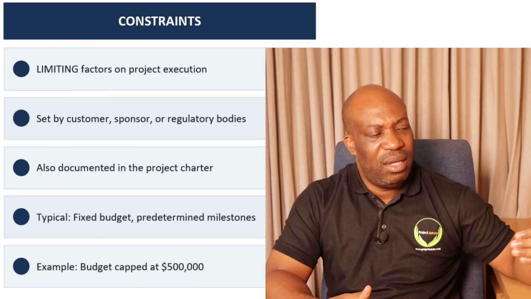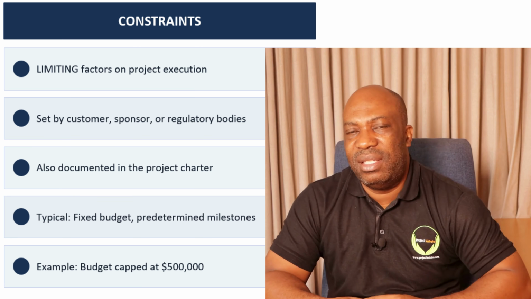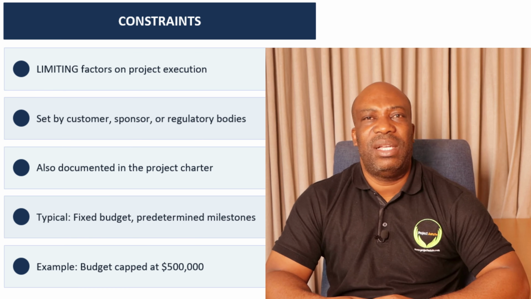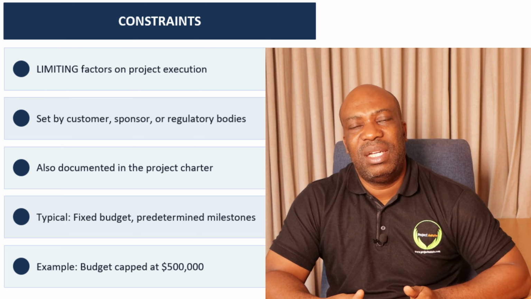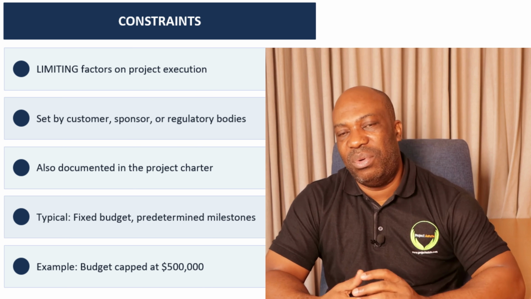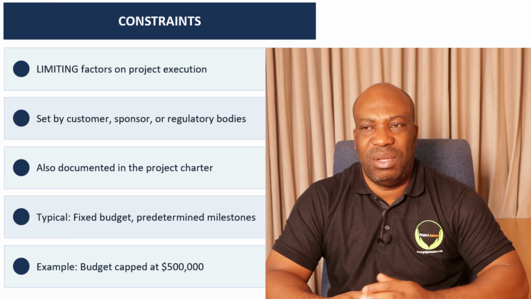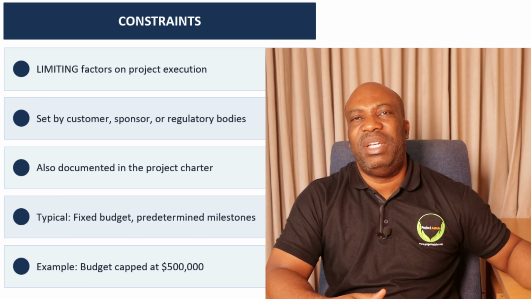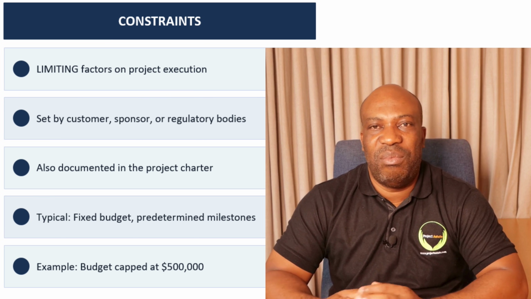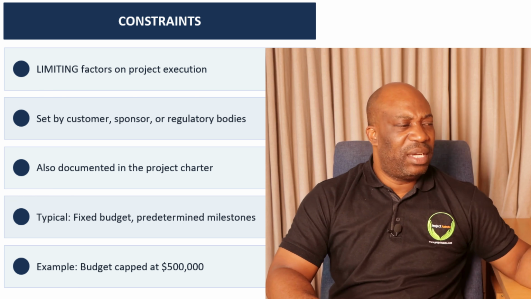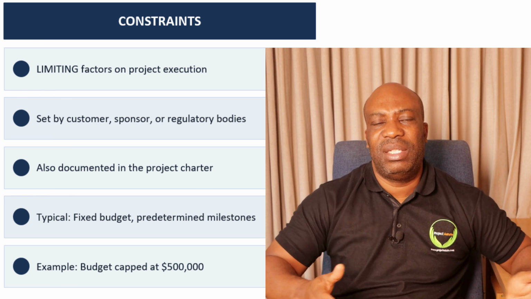The sponsor might say the budget should not exceed, say, 200,000, or the customer might say the size of the product should not exceed, for example, 20 kgs, if it's the weight. If it's the size, they might say 1 meter or 2 meters. So you also get such types of constraints from customers. And in some cases, it might even come from the regulatory board.